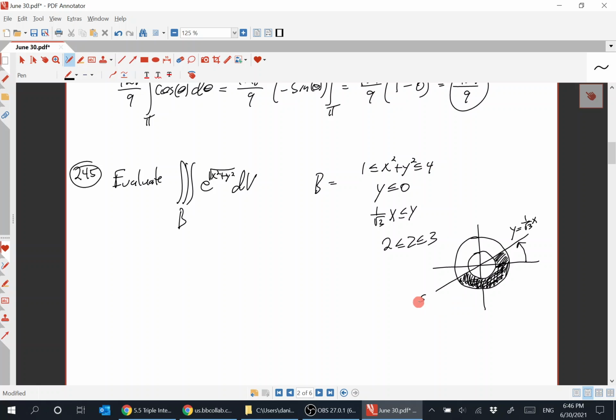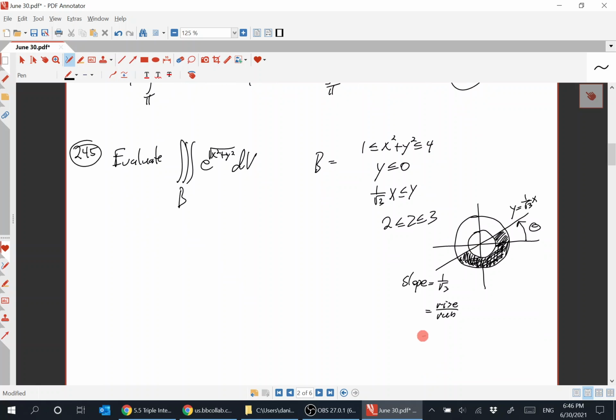The slope of this line, we'll call this angle theta here, is 1 over root 3, which is the rise over the run, y over x, which is r sine theta over r cosine theta, which is tangent of theta.